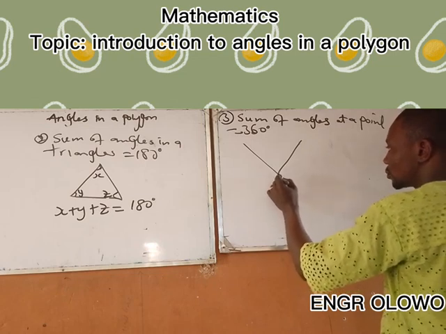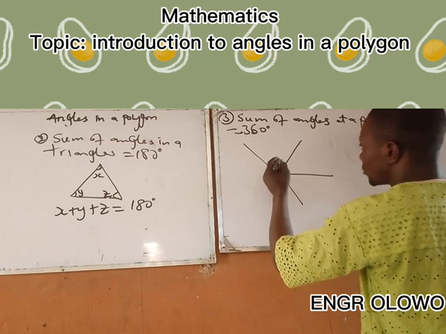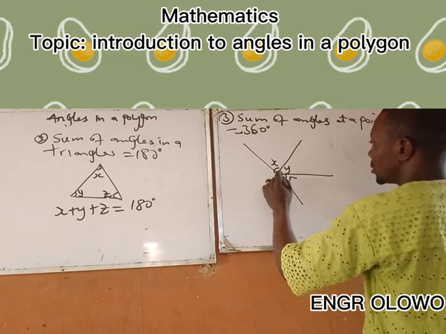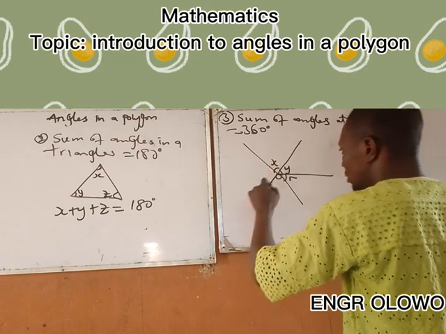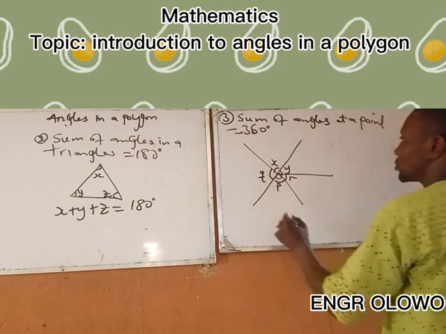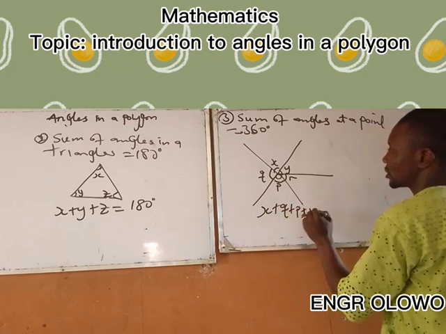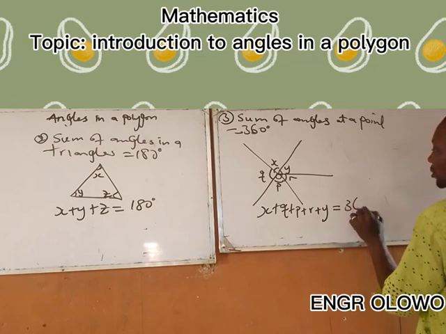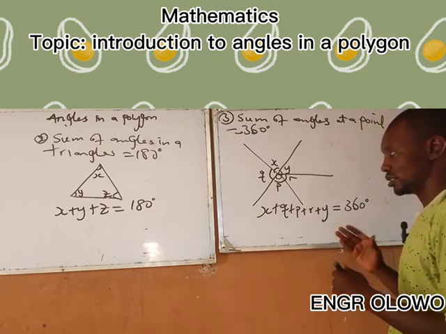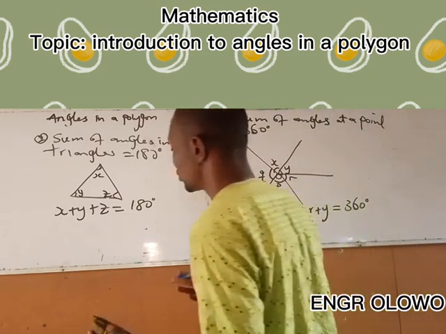So we have an angle meeting at point O, the first one maybe is X, this one is Y, this one is R, and another angle meeting at the same point is P, and the other one is Q. The sum of angles at a point, X plus Q plus P plus R plus Y, equals 360 degrees.